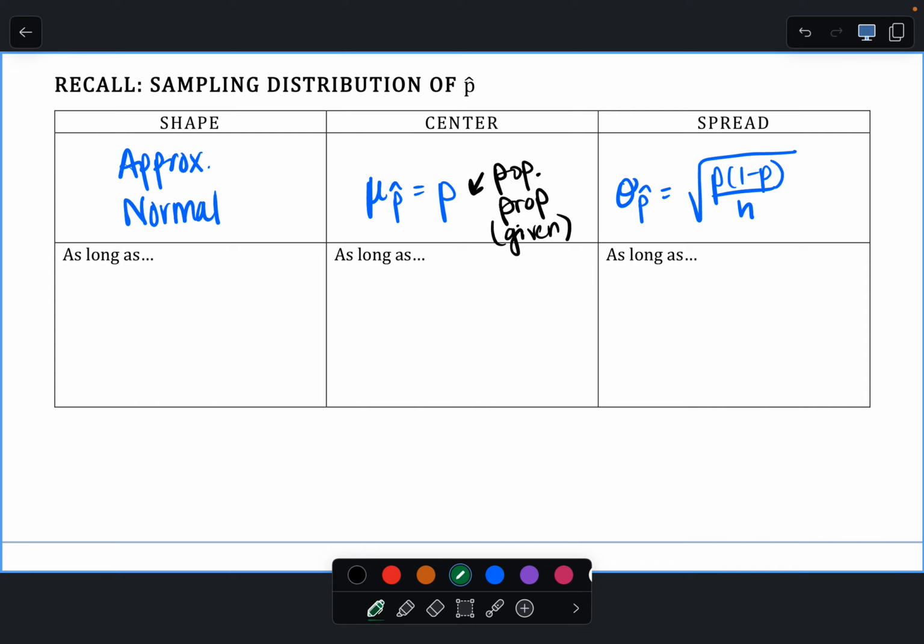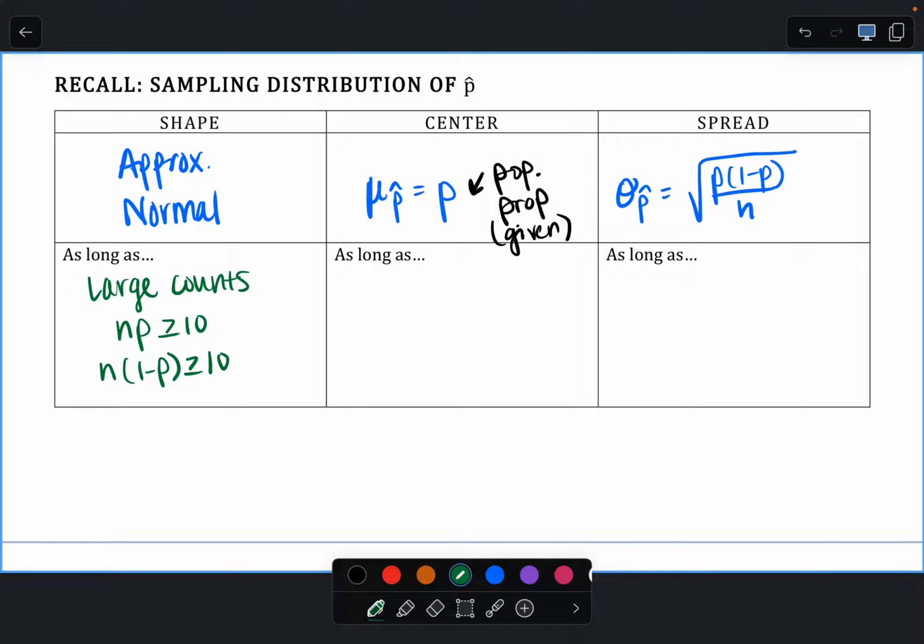Now, for normal, if I want to be able to say the sampling distribution is normal, I need to use large counts. That was when we took N times P and made sure it was bigger than 10, and N times 1 minus P and made sure it was bigger than 10. If both of those were true, we could say that the sampling distribution is approximately normal.